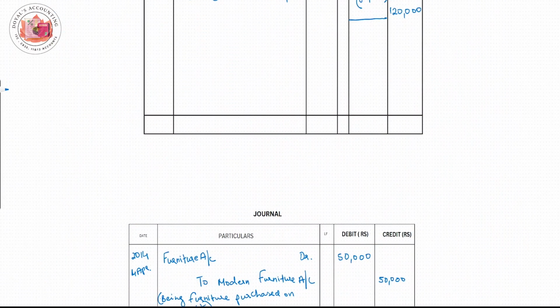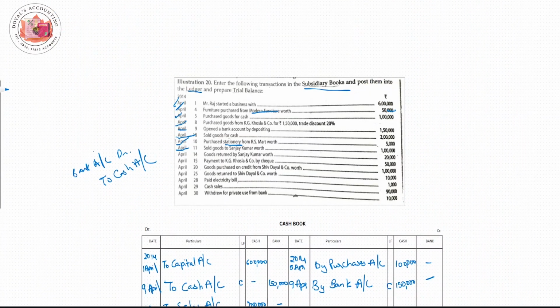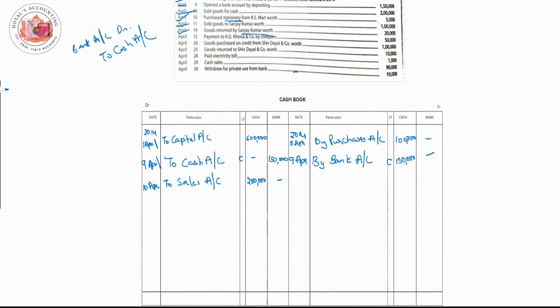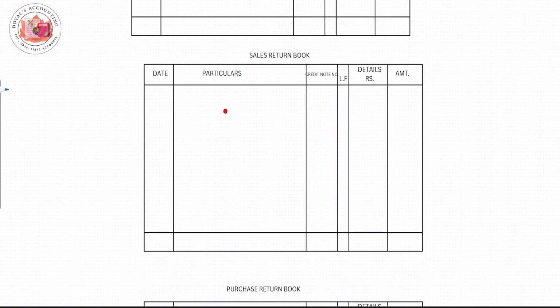Now let's go to the next transaction. Now goods have been returned by Sanjay Kumar worth rupees 20,000. So that means this is a sales return, and these goods have been sold on credit. So this will be recorded in our sales return book. 2014, 14th April, Sanjay Kumar.